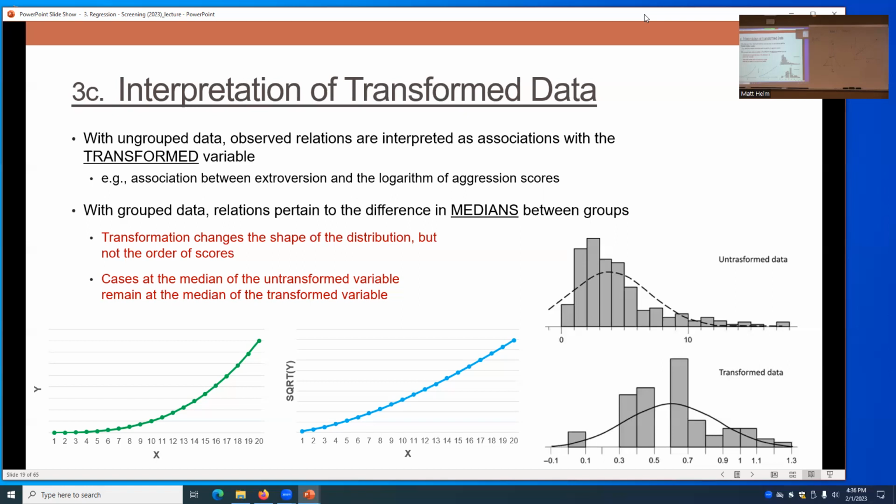Okay, so really important and something that's cool, and I don't know why we don't make a bigger deal about this. Essentially, we've gone through and transformed a variable, we're saying that I have a nonlinear relation between these two variables, right? I can make that relation linear if I transform this variable using this sort of transformation.